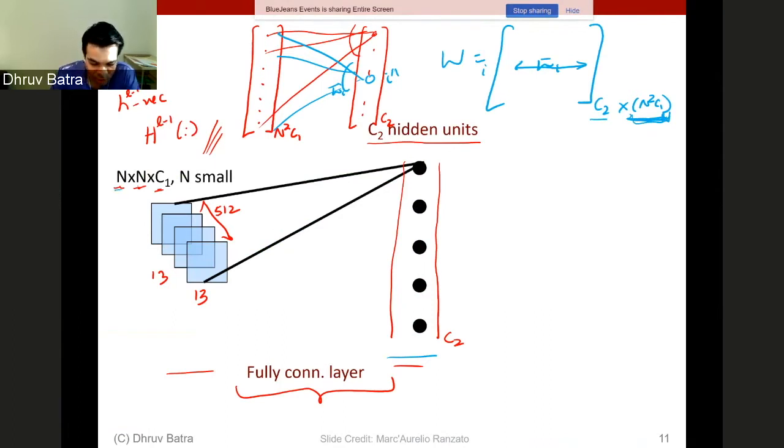So if n changes, you just simply cannot perform this matrix multiplication, right? Because the matrix is of a fixed size, and if you try to perform HL equals W HL minus 1, where this vector is n tilde square C1, this matrix vector product is just not applicable. Can't do it.